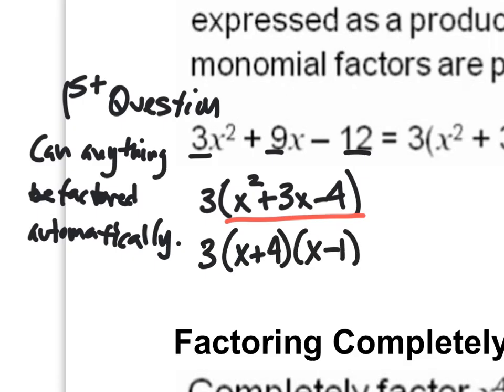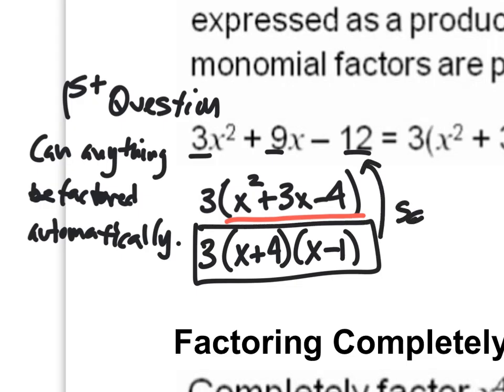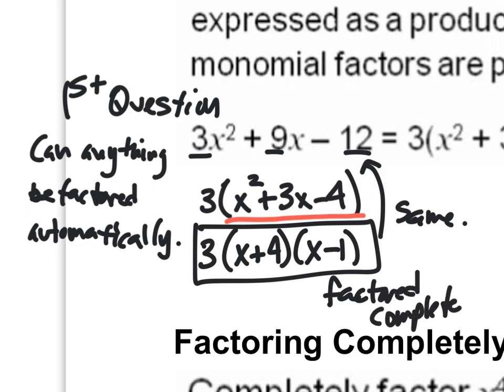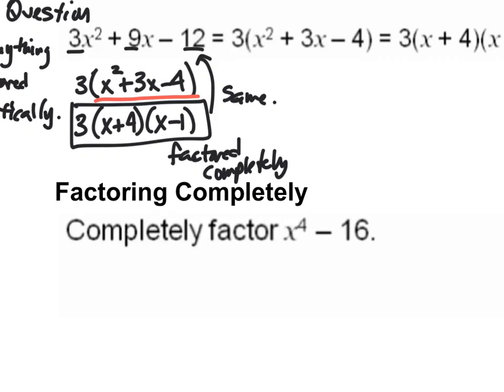This is the same thing as what we started with, but this is factored completely, because I can't factor anything else out. If you did the box method or the x method on this, you would find that the individual binomials you got could still be factored, and you'd be able to factor out a 3 from those. So factoring completely means that you have factored everything.